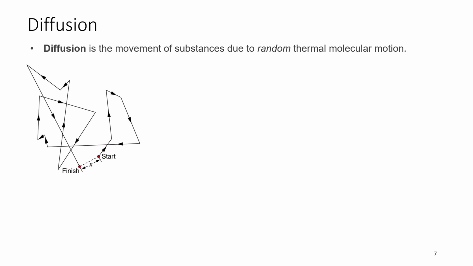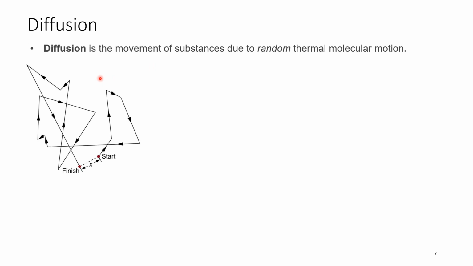When we consider the fluid motion at the level of molecules, we have another mode of fluid motion called diffusion. Diffusion is the movement of substances due to random thermal molecular motion.